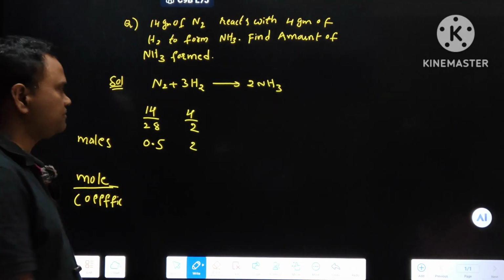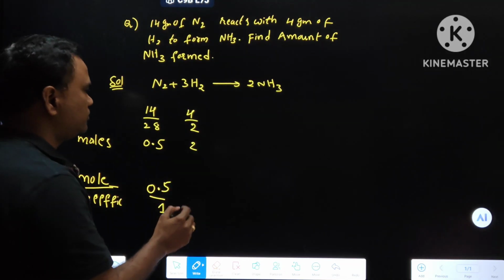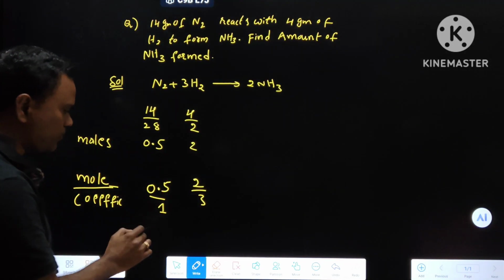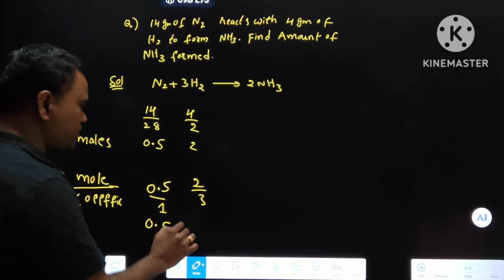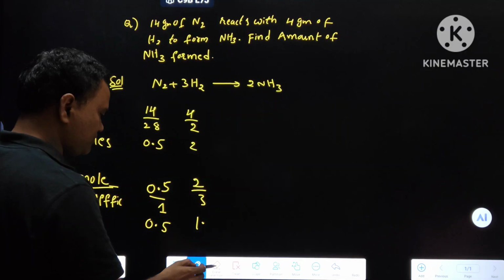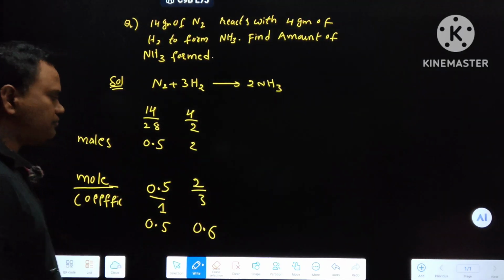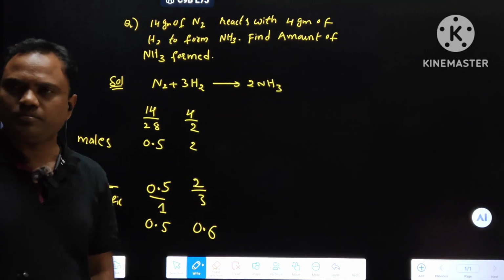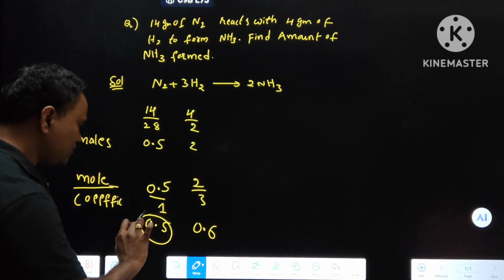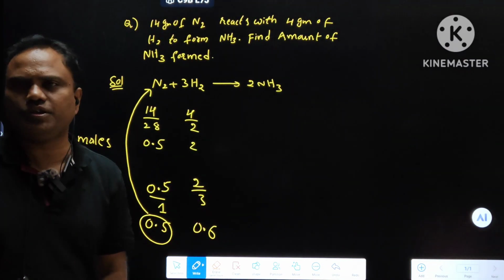N2 coefficient is 1, so 0.5 by 1. Coefficient here is 3, so this is 0.5 and this is 0.6. Which is the least value? 0.5 is the least value. That least value gives us the limiting reagent. So N2 is the limiting reagent.